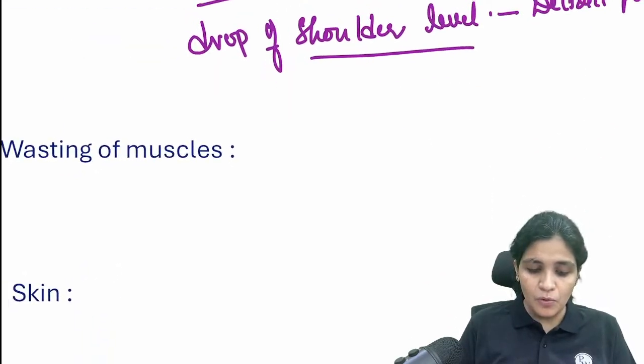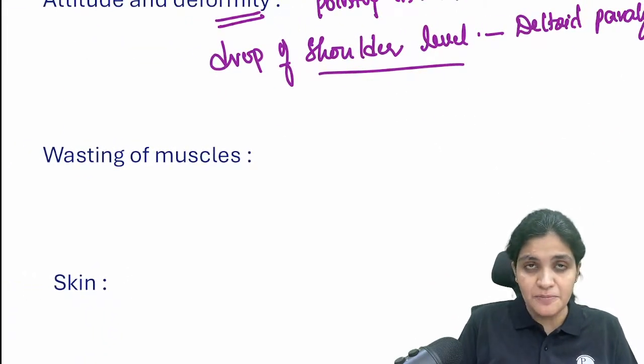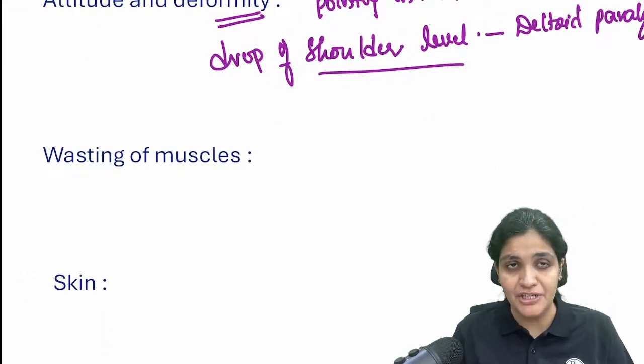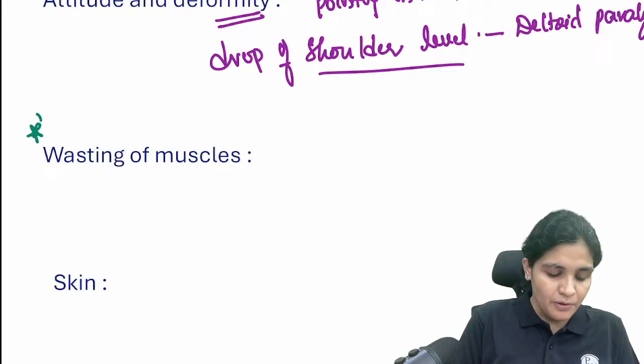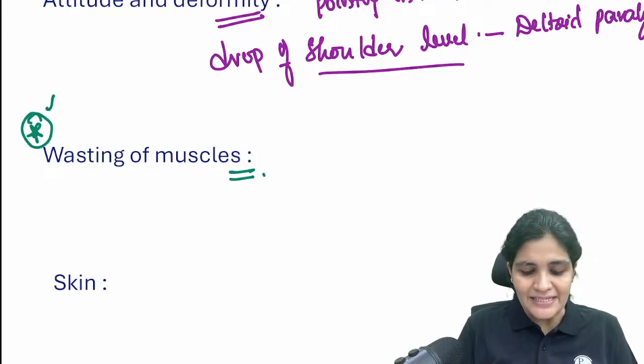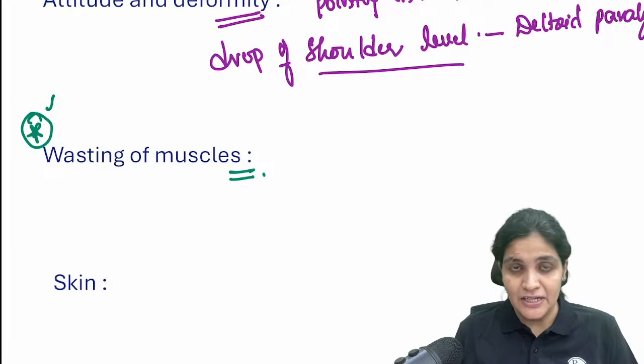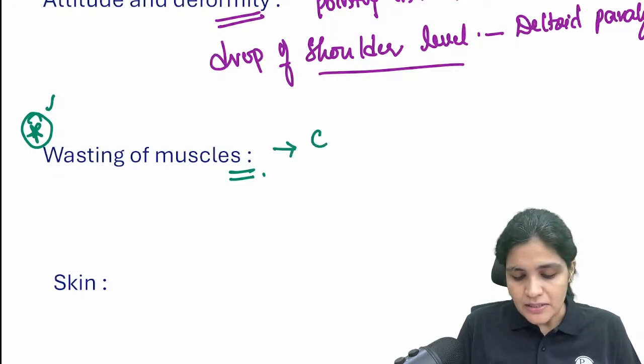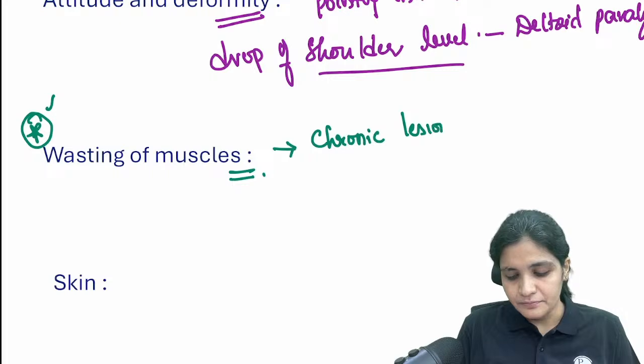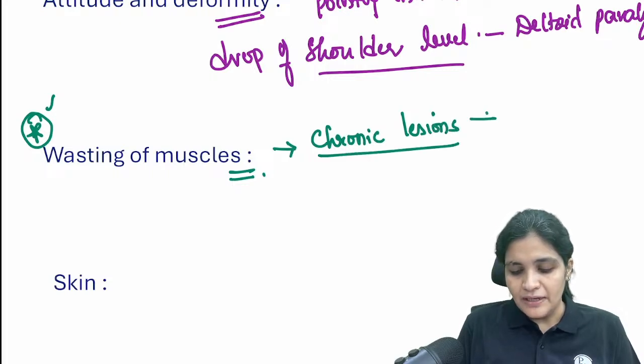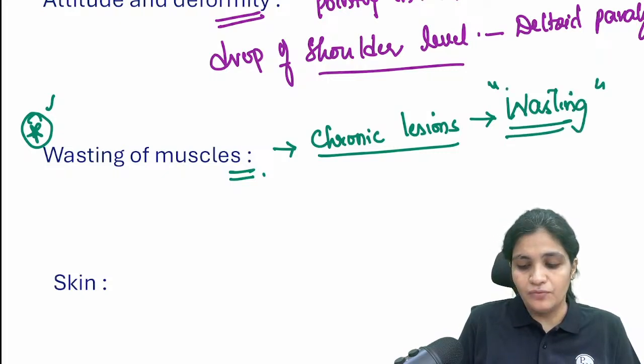And then the most important thing you see in inspection in case of nerve examination is very, very important: what is called wasting of muscles. Because all these are a little bit chronic lesions, right? So they develop wasting. So you have to look for the wasting of the muscles.